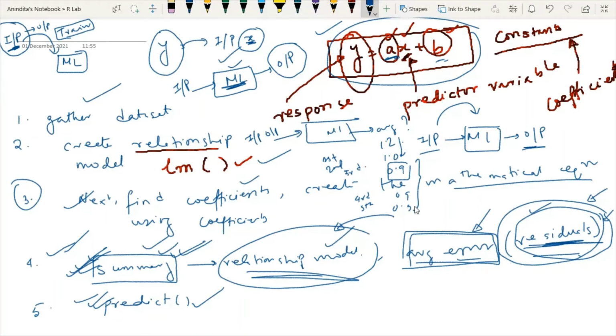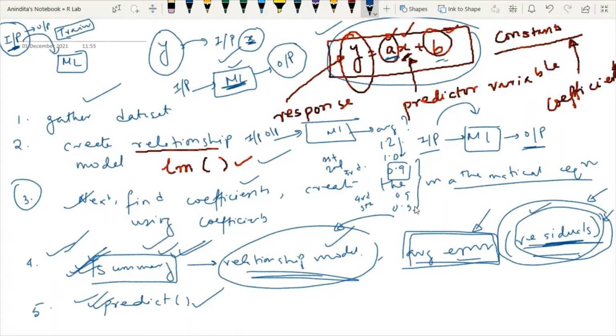Say the value of W1 is 1, the value of W2 is 1.2 and the value of W3 is 0.33. This is the ultimate value that I am getting, which gives me the optimal error. Optimal error means if I go beyond that, my error will not change. So finding the optimal values of the weights is the only target. This is the concept, right? And whatever pattern we have discussed so far will be the same for all machine learning algorithms.